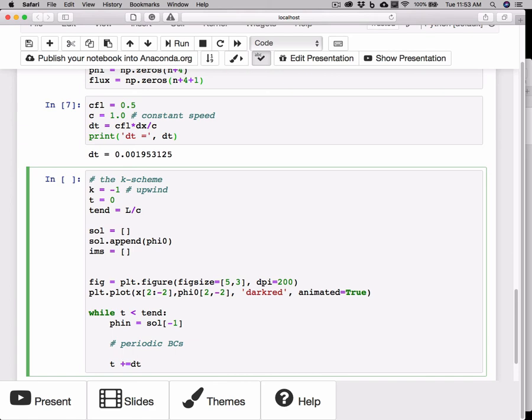So phi[0] is equal to, what is the index of this guy? -4, right? Phi[-4]. And phi[1], what is that? -3. I love circular indexing in Python.